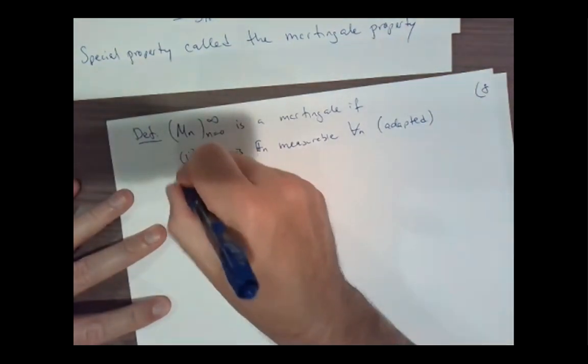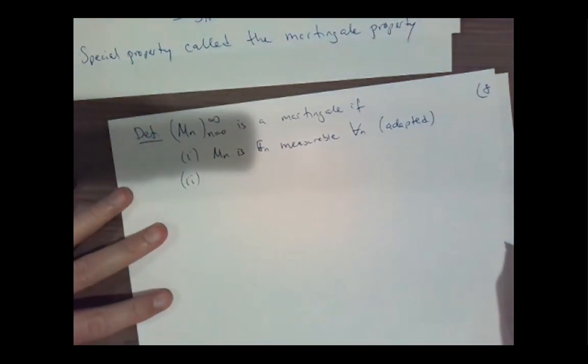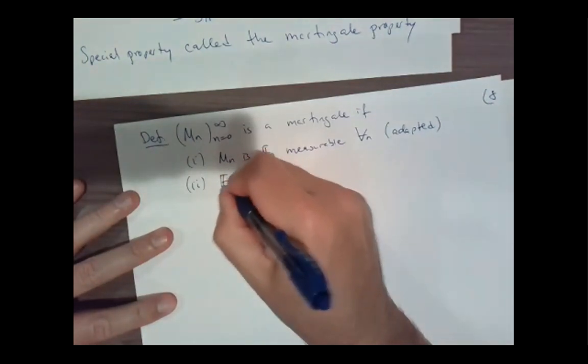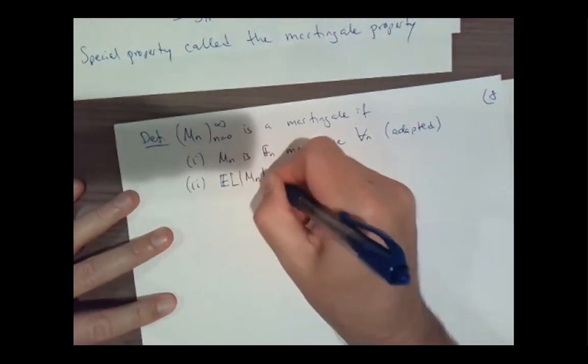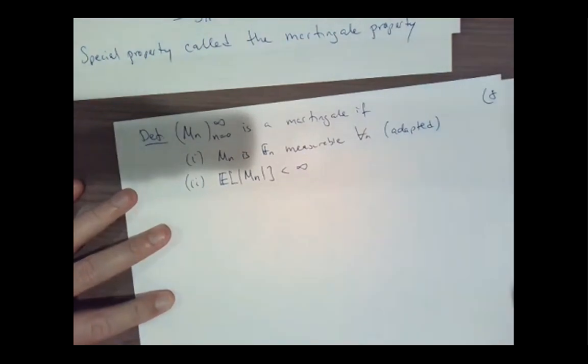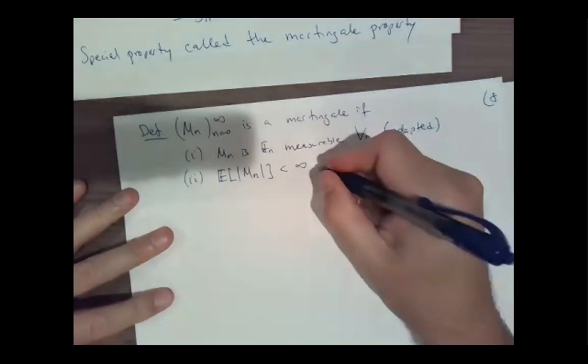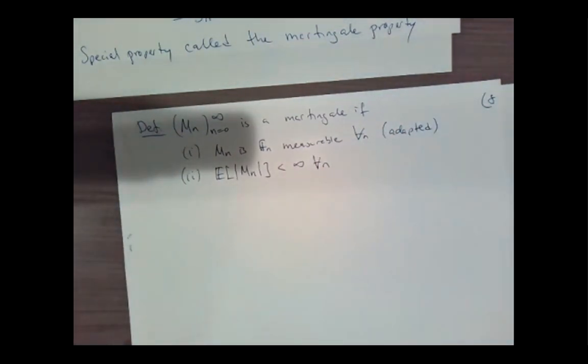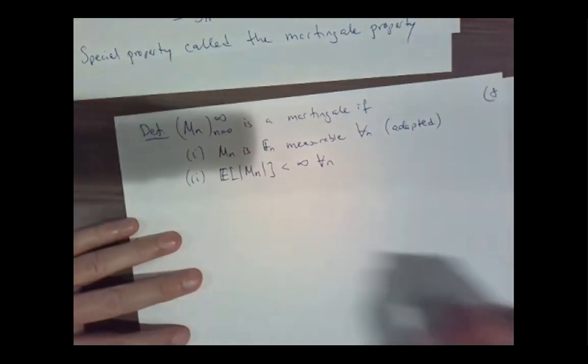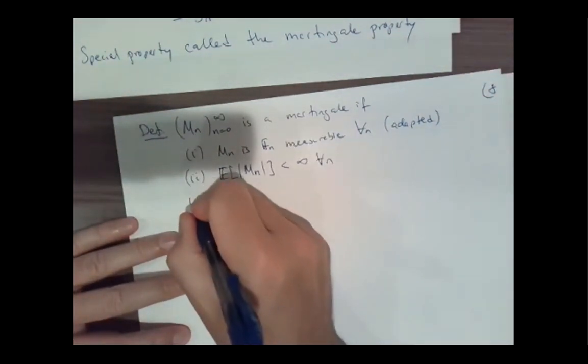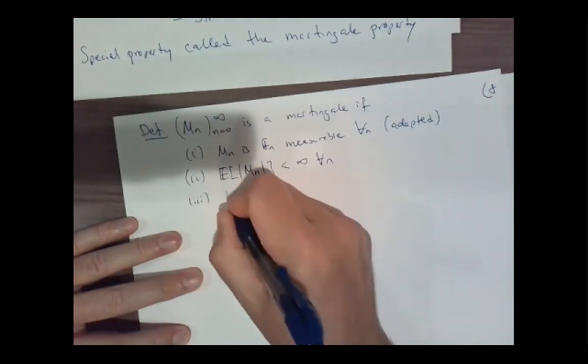The second one is Mn has to be integrable. So when I integrate, I've got to be finite. And the third one, I need this one so I can talk about the conditional expectation in the third property.